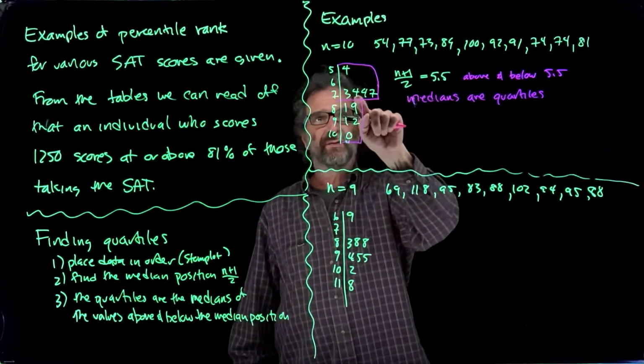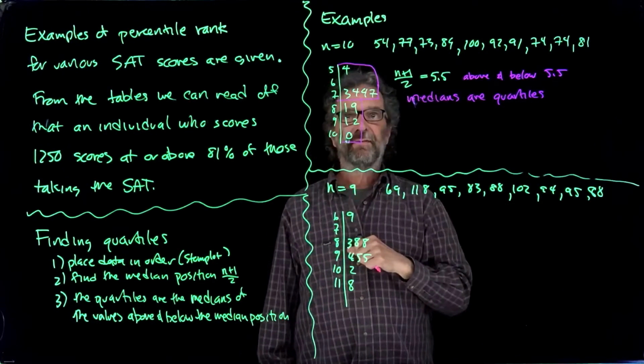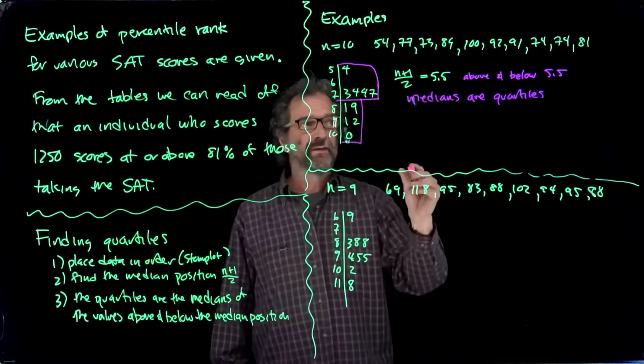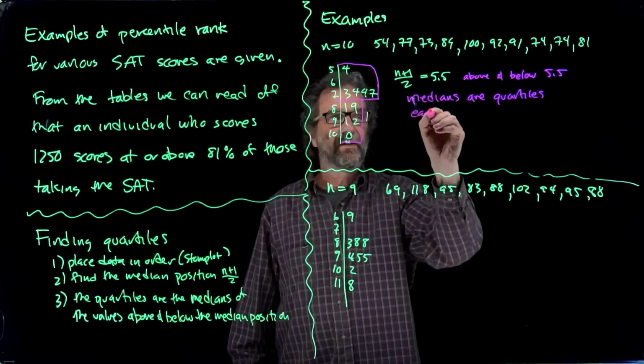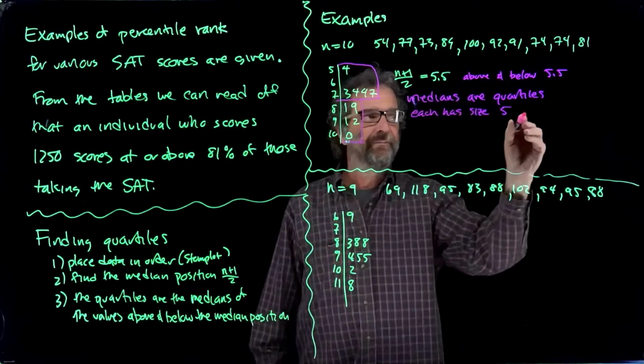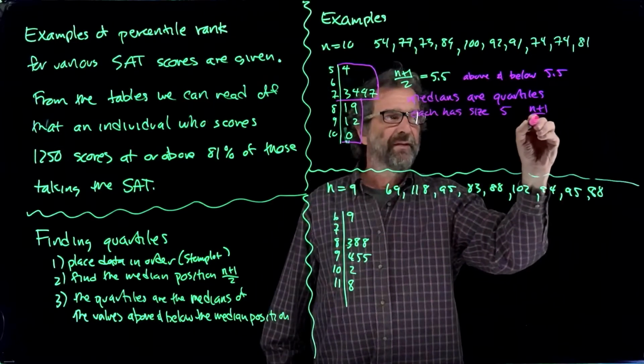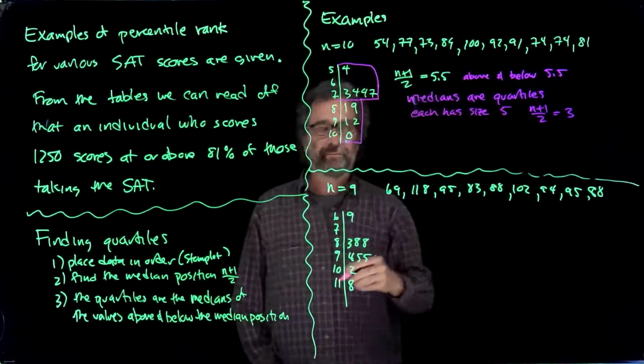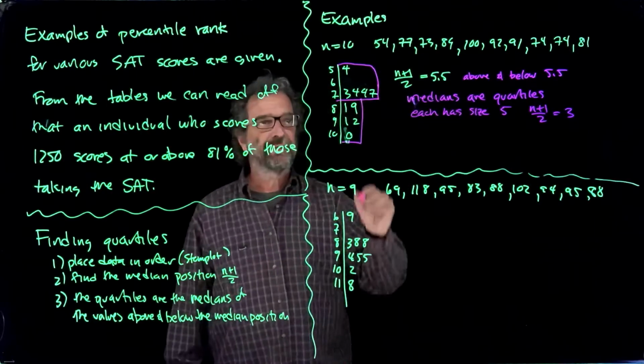So there's 1, 2, 3, 4, 5 values above that position. Each has size 5. So n plus 1 over 2 for that is 3. But you would guess with 5, you go to the third one.